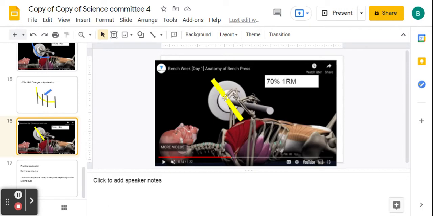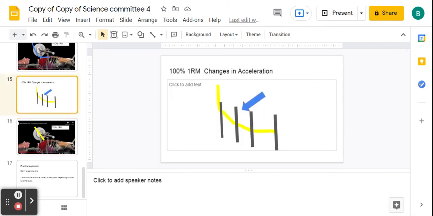There's going to be little differences between regions of acceleration, which is important to note because the data shows that there's only a 30 millimeter difference in the horizontal displacement between the 70% of one rep max, so this speculative bar path, and the 100% speculative bar path.